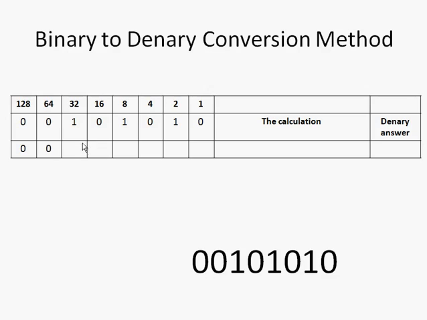We are going to use the 32 because of the 1 there. We're not going to use the 16. We're going to use the 8 because there's a 1 there. We're not going to use the 4, so we put 0. We're going to use the 2, so we put 2. We're not going to use the 1 because of the 0 there, so we put another 0. And then we do the same as before. 32 plus 8 plus 2 equals 42.